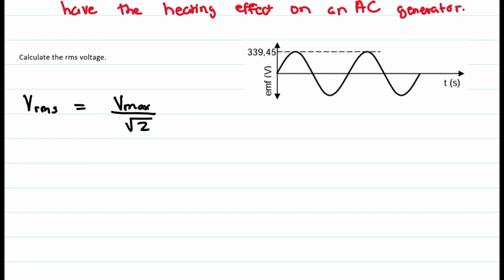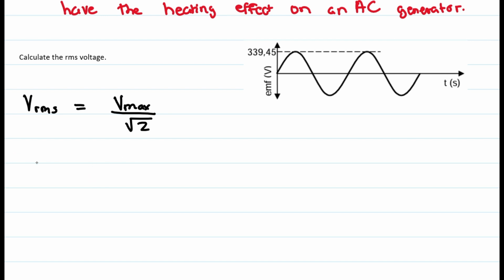When we look at this graph for the AC generator, where is the maximum voltage? The maximum voltage will be at the peaks there. Not there, this is not the maximum. The maximum voltage will be there.